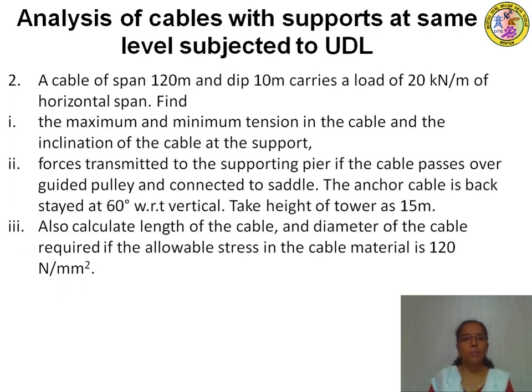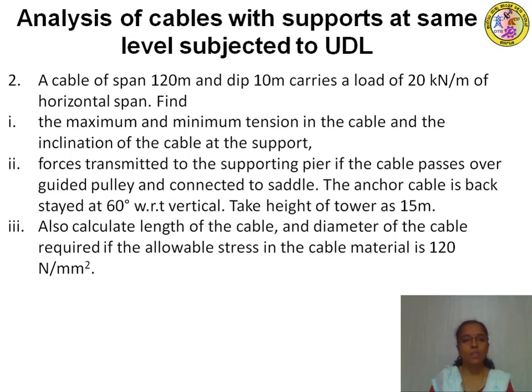A cable of span 120 meter and dip 10 meter carries a UDL of 20 kilonewton per meter of horizontal span. Find the maximum and minimum tension in the cable and the inclination of the cable at the supports.